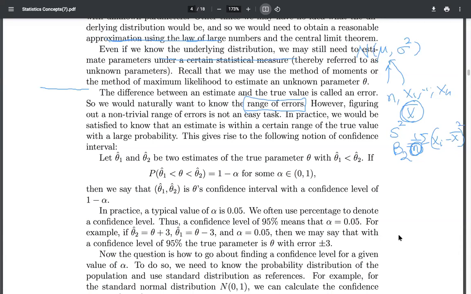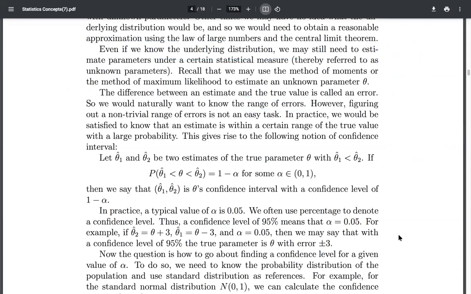If you say you can, then I want to know how confident your claim is. You're saying this value is within this error range with very high confidence. So we need to quantify that confidence level. This is the method we're going to talk about.